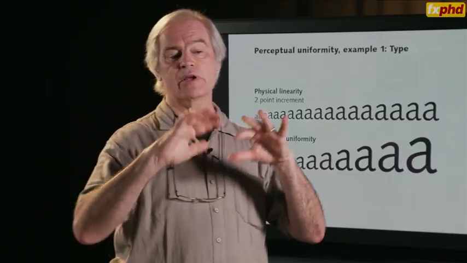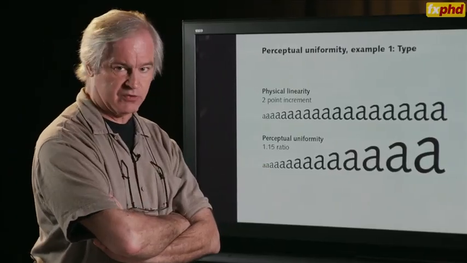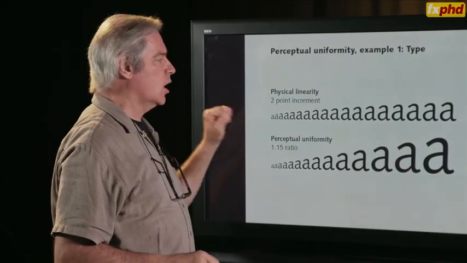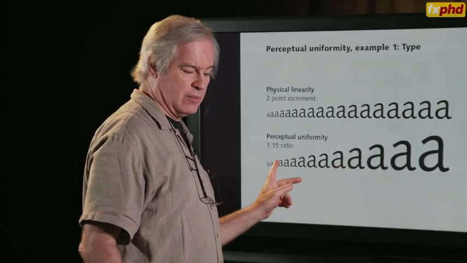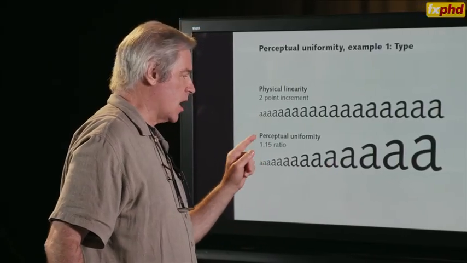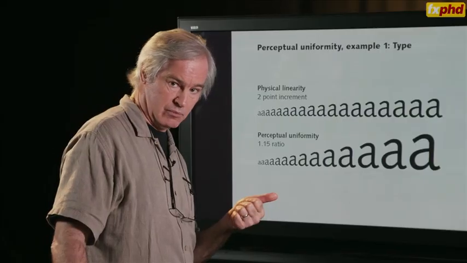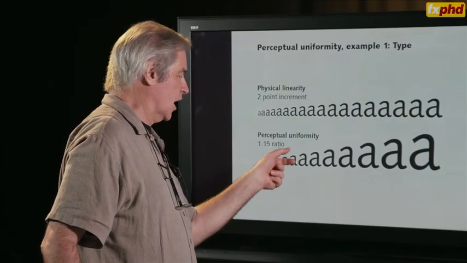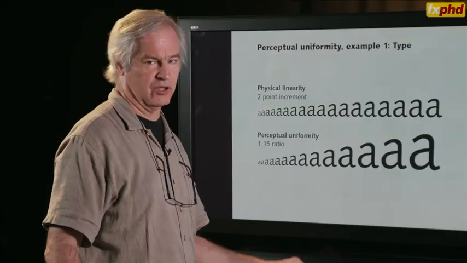Now, to give you a very broad, loose concept behind why this matters perceptually, I show you a bunch of shapes of the letter A where the size of the letter proceeds by a physically linear 2-point increment every time, and another group of the shapes of the letter A where the letters increase in what you could call a geometric progression. The type size of each of these letters is 1.15 times the previous one.